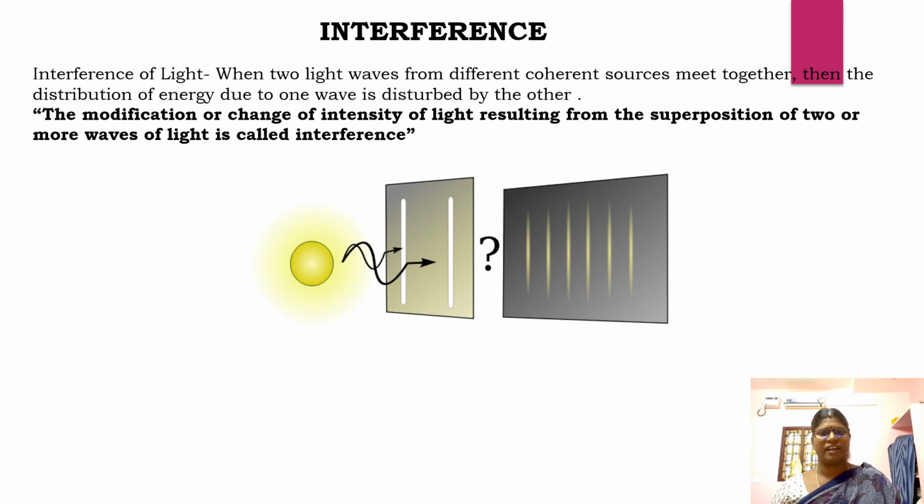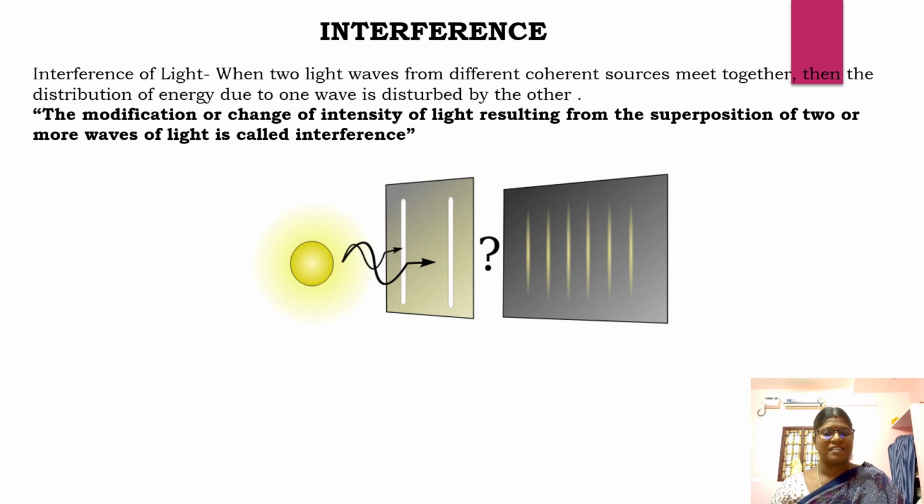First topic is interference. What is interference? Generally for light, interference will occur when two light waves from different coherent sources meet together, then the distribution of light due to one wave is disturbed by the other.